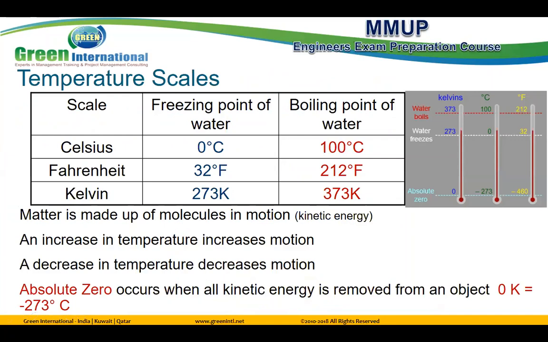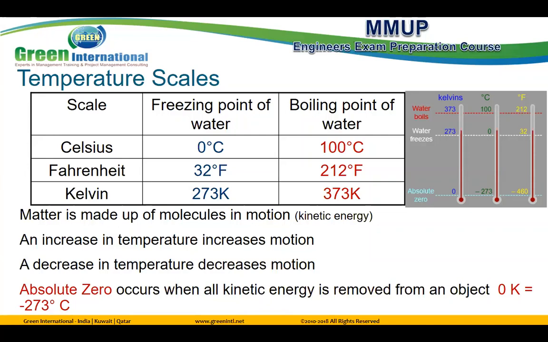Here we represent the difference between the temperature scales. As you know, the two main scales used are Celsius and Fahrenheit. For Celsius, the range is 0 Celsius for the freezing point and 100 for the boiling point. It means delta T between freezing and boiling is 100.